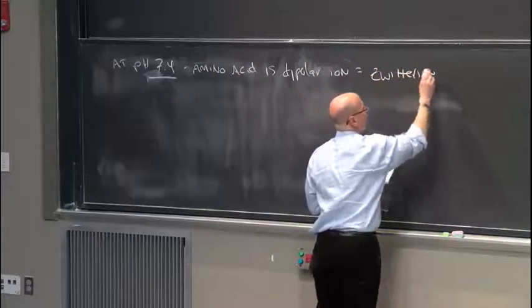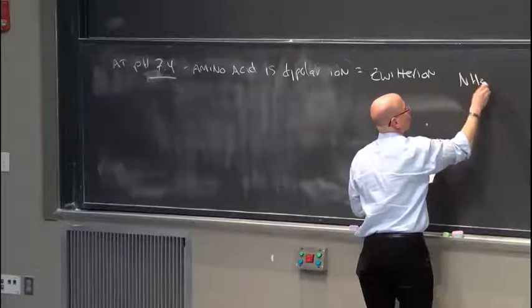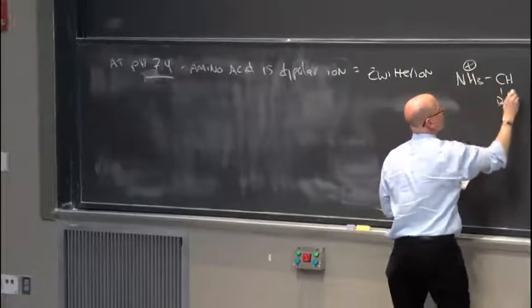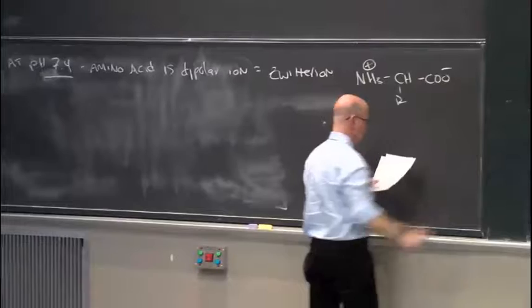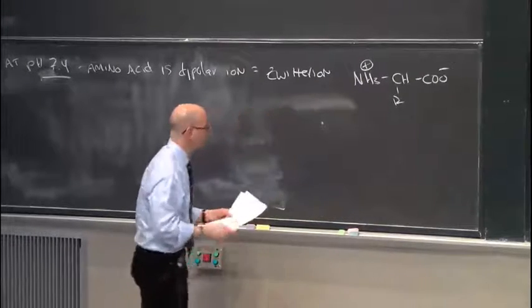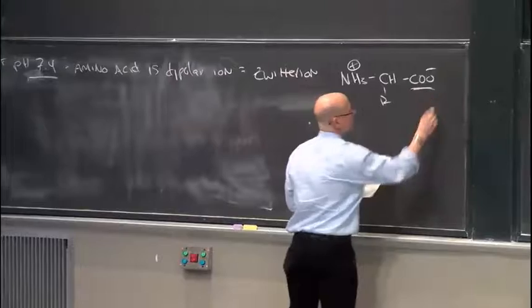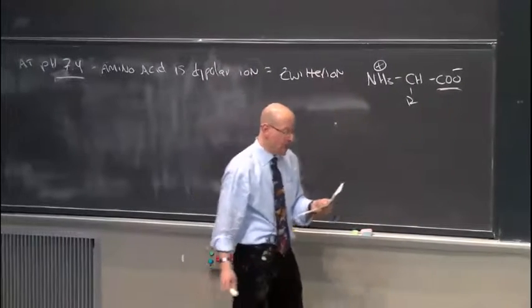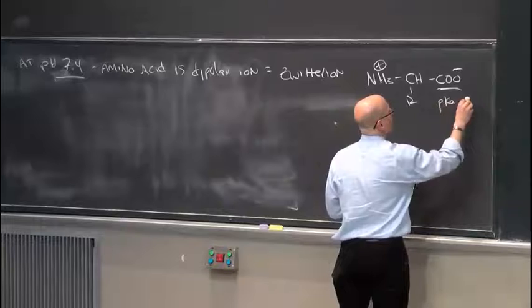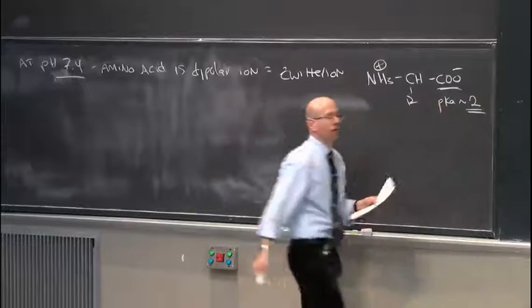And it consists of a protonated amino group and an unprotonated carboxyl group. Okay? Now, we can focus first on this carboxyl group. This carboxyl group has a pKa of about 2, somewhere around 2.